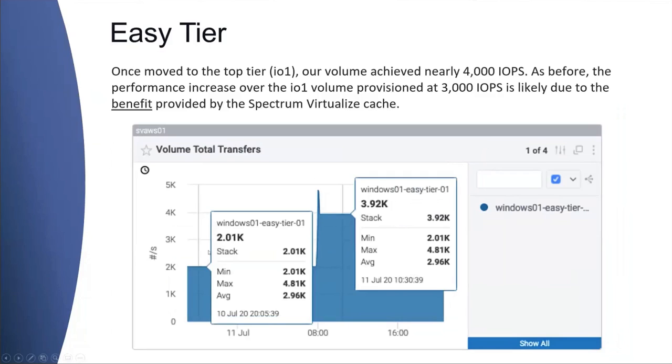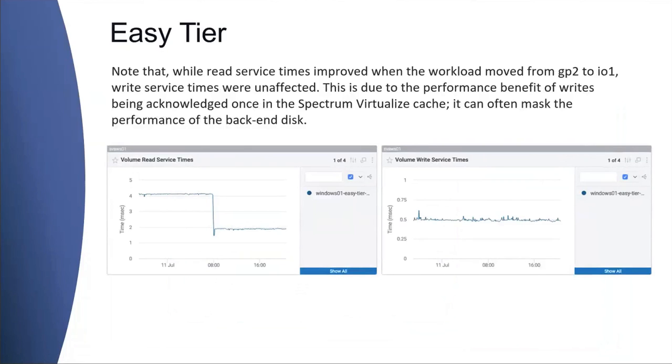And as we mentioned, the Spectrum Virtualize cache enhances our capability to go above the provisioned workload. That's the same thing we're just showing you.